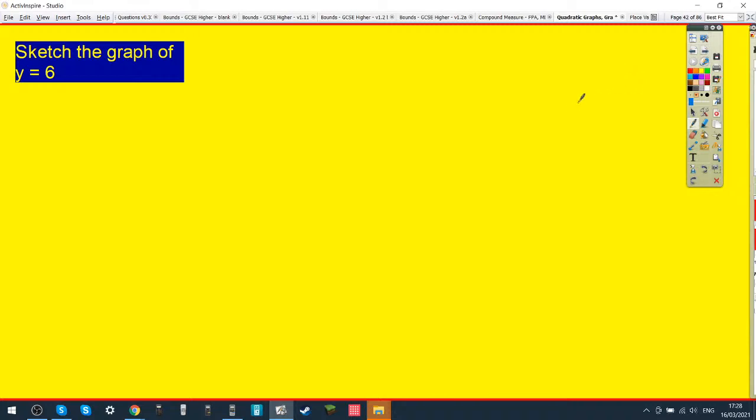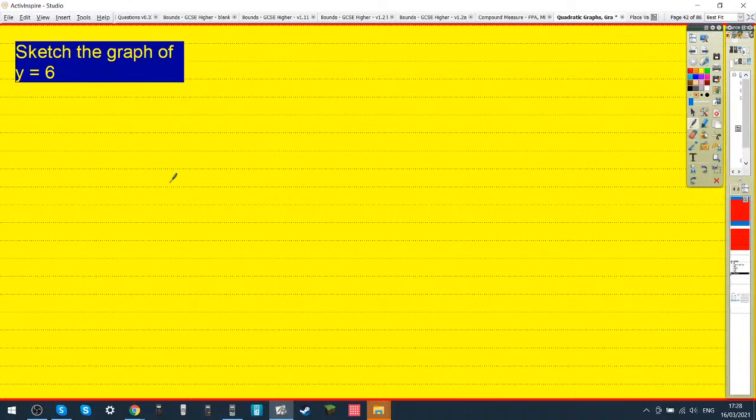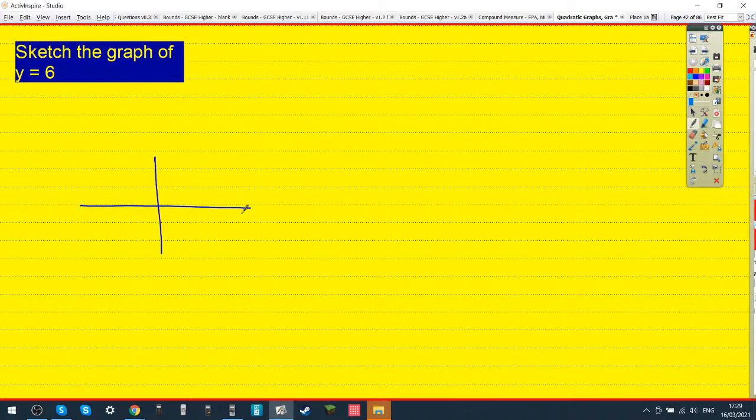Let's see, how do we sketch this graph? Y equals 6. So you do the y-axis and the x-axis, and then the y-axis has to go down to, it starts from 6 and goes down to 0.